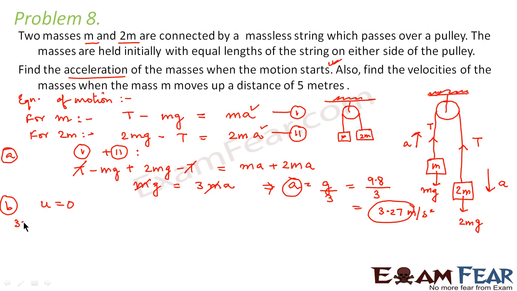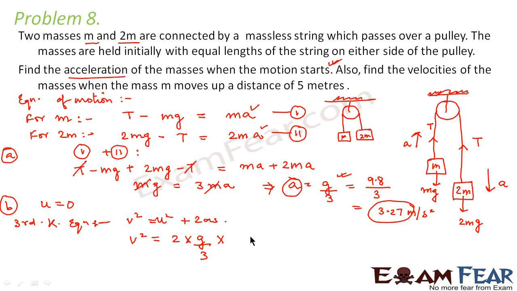Now we will apply the third kinematic equation, which says v square is equal to u square plus 2as. That means v square will be equal to u square, which is 0, plus 2 into a. What will be the value of a? Acceleration would be equal to g by 3, as we found out. Into s.